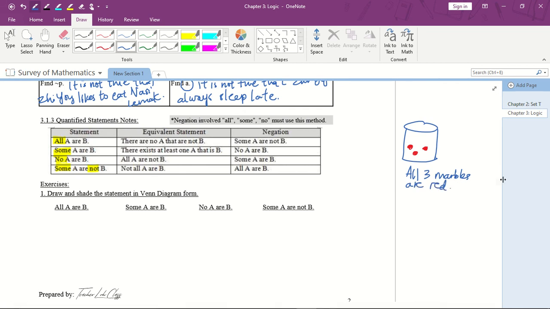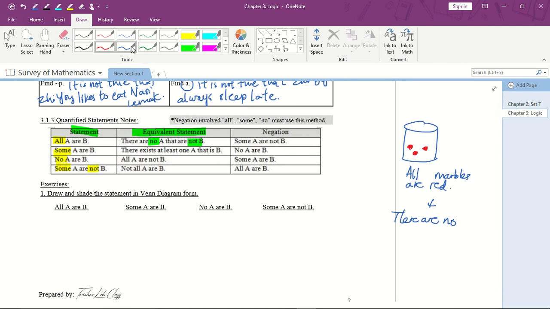If I want to write an equivalent statement, I can write that there are no A that are not B. Instead of putting all 3 marbles, let me just put all marbles, to make it clear, since all 3 marbles and all marbles are the same.